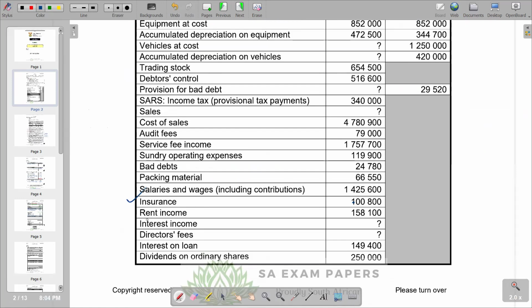Then we have rent income. We've adjusted this other income, and then we check for any other further expense. Interest income, remember, is adjusted after operating profit. So we go to director's fees. We have director's fees, which we are given as a question mark.